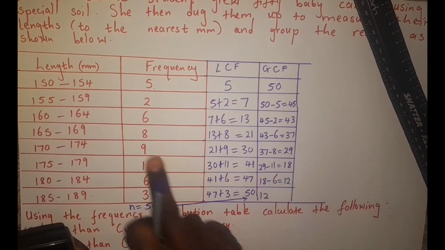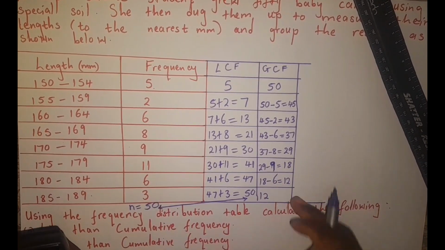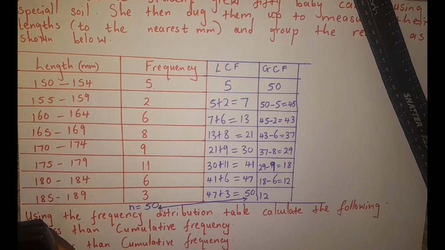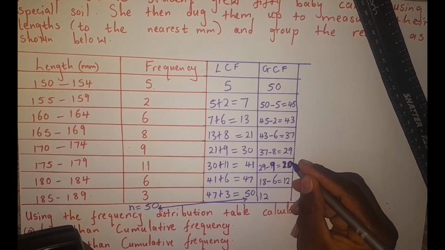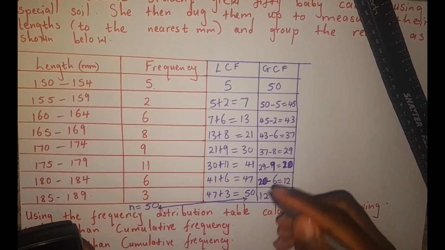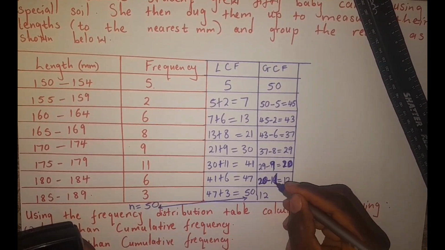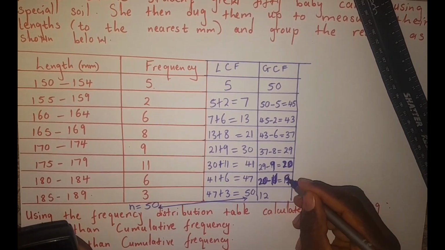It's supposed to be 29 minus 9, which is 20. So our answer was supposed to be 20. Then it's supposed to say 20 minus 11, which is 9. So here we're supposed to get 9.